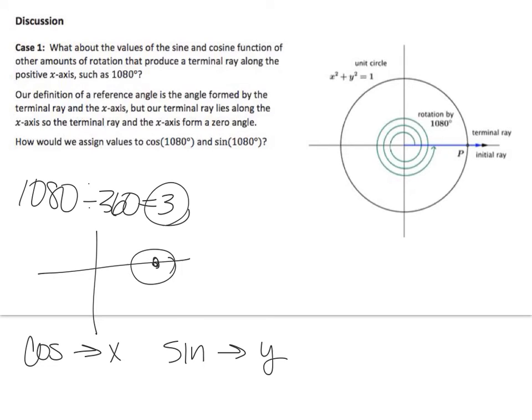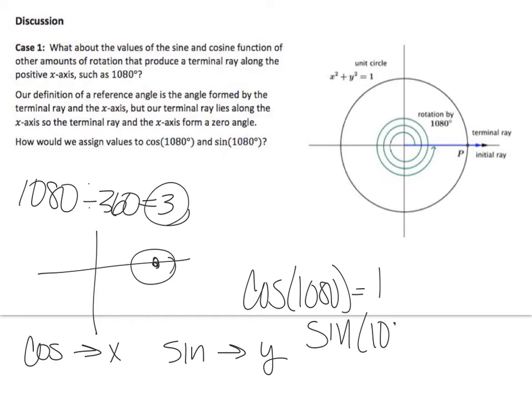So if we're back at the x-axis, the cosine is going to be 1 because we are on our unit circle. So cosine of 1080 is going to be 1, and sine of 1080, which is the y value, is going to be 0 because we're on the x-axis, right? So cosine is 1 and sine is 0.